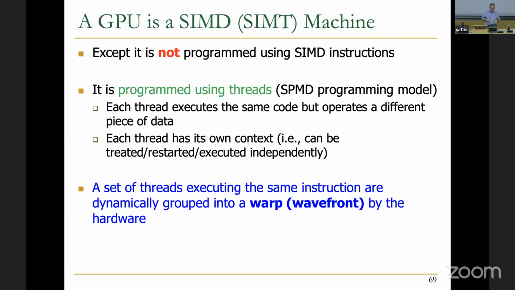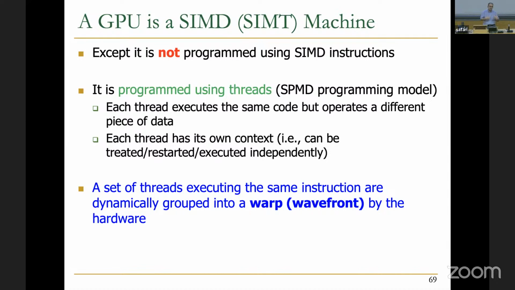So a set of threads that execute the same instructions are dynamically grouped by the hardware into a warp, which is NVIDIA's terminology, or wavefront, which is AMD's terminology. Essentially, it's not the programmer's task to group instructions in a SIMD manner. It's happening dynamically in the hardware. The programmer just writes the code for one thread, kind of a scalar execution.